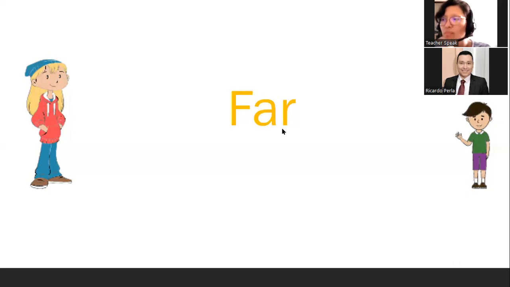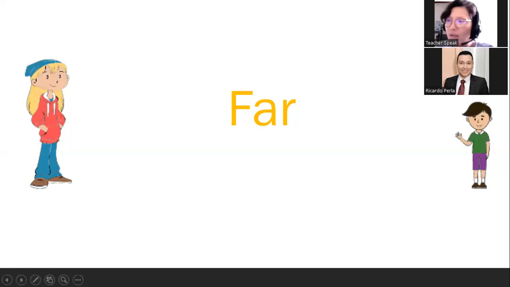In this case, that girl is far from the boy. Very good. That girl is far, just like that. That girl is far, or that is a girl, right? Hey, that is a girl, or that's my friend, Sarah, right?